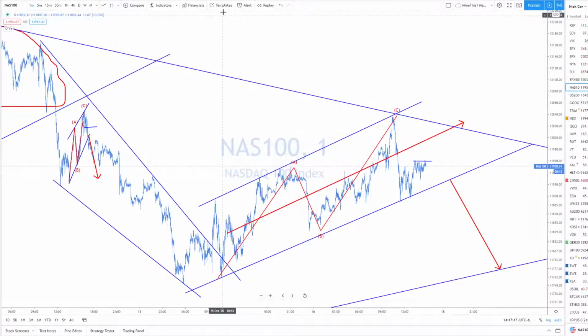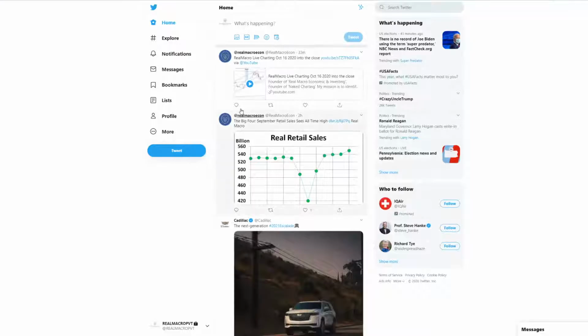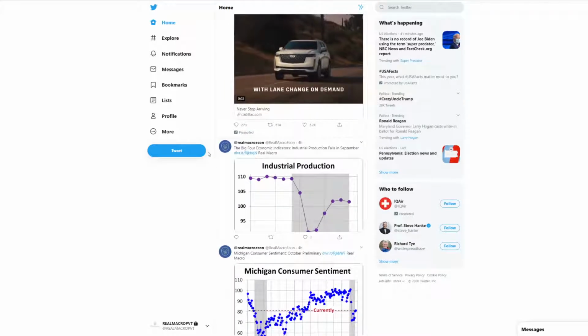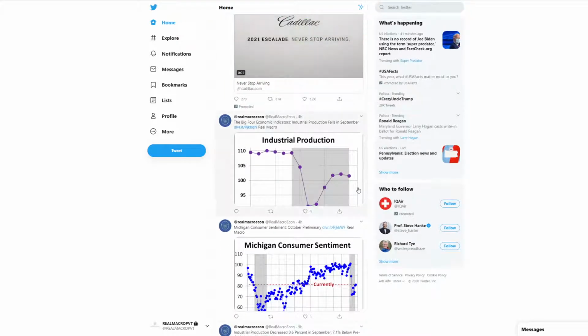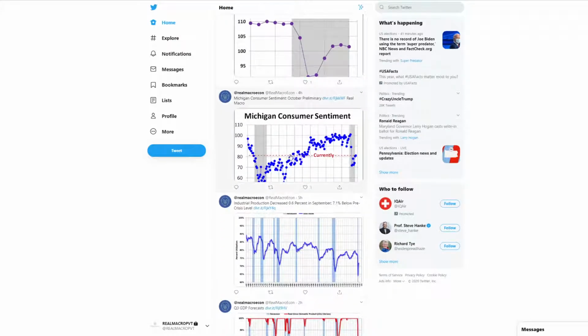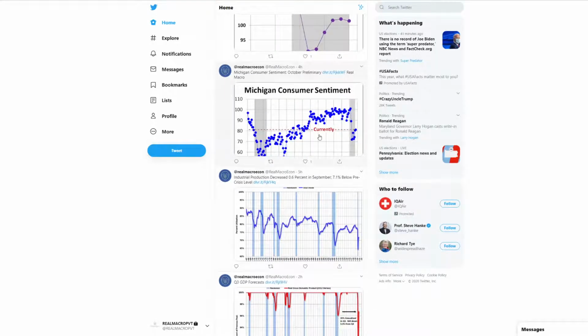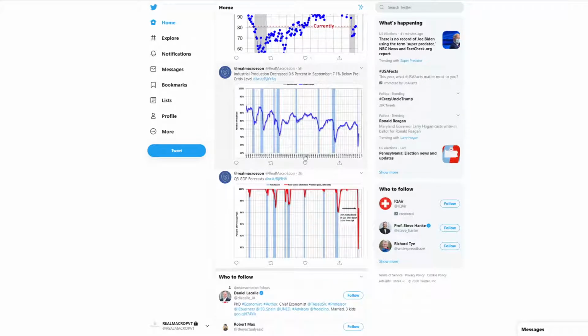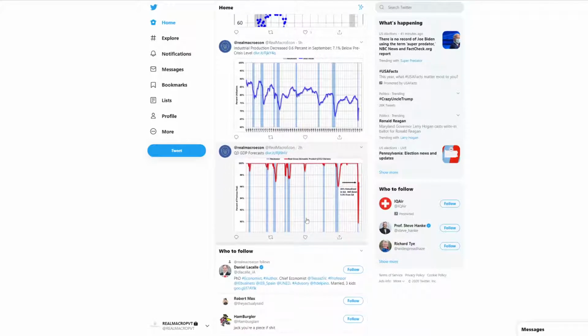All right. So we talked about retail sales. Industrial production is weakening. Consumer sentiment a little bit better. Don't look at these Q3 GDP forecasts too much.